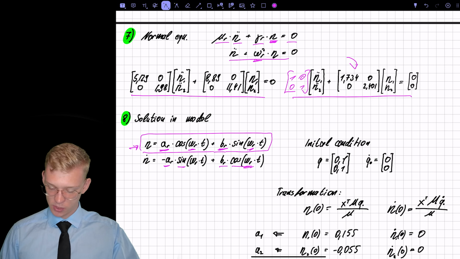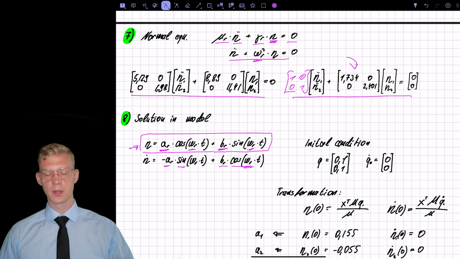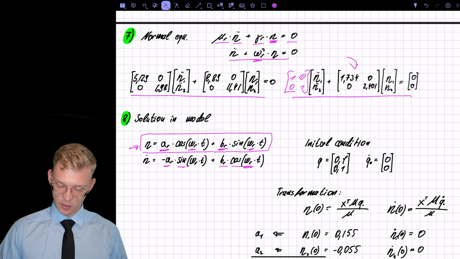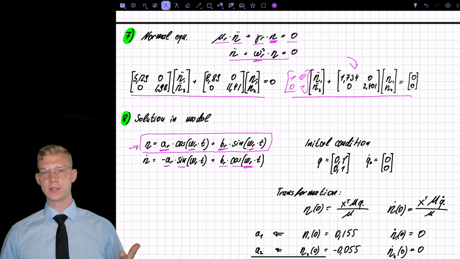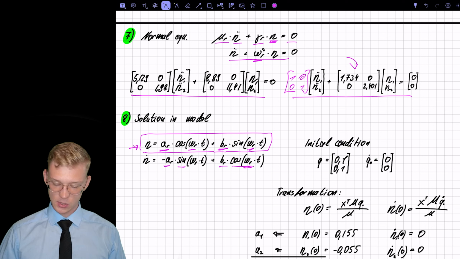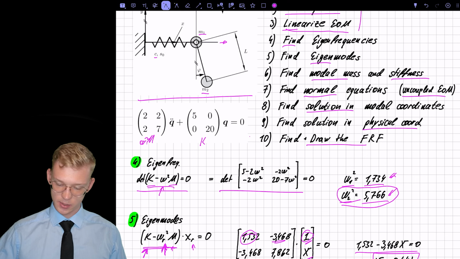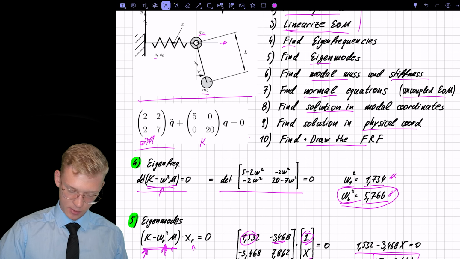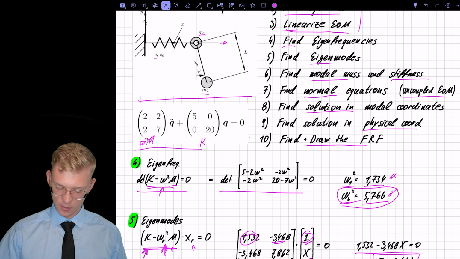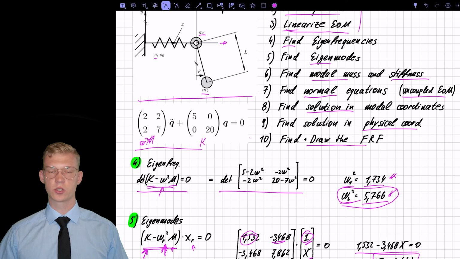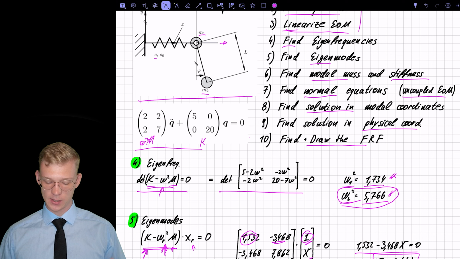And this is our solution for our system, where we just input all the numbers we had, and we know the solution in the physical space. So if we now have our initial conditions and this equation, the solution is this right here. So it's very, very easy to get to that solution.